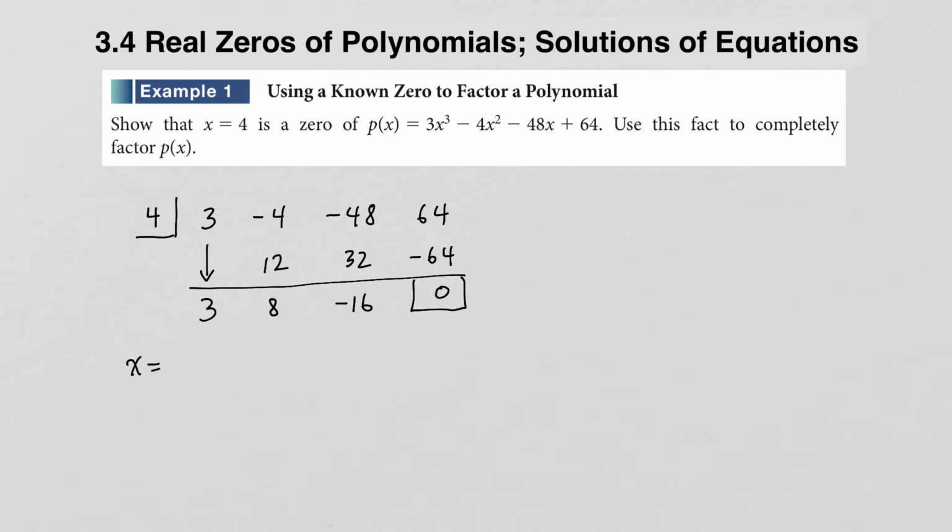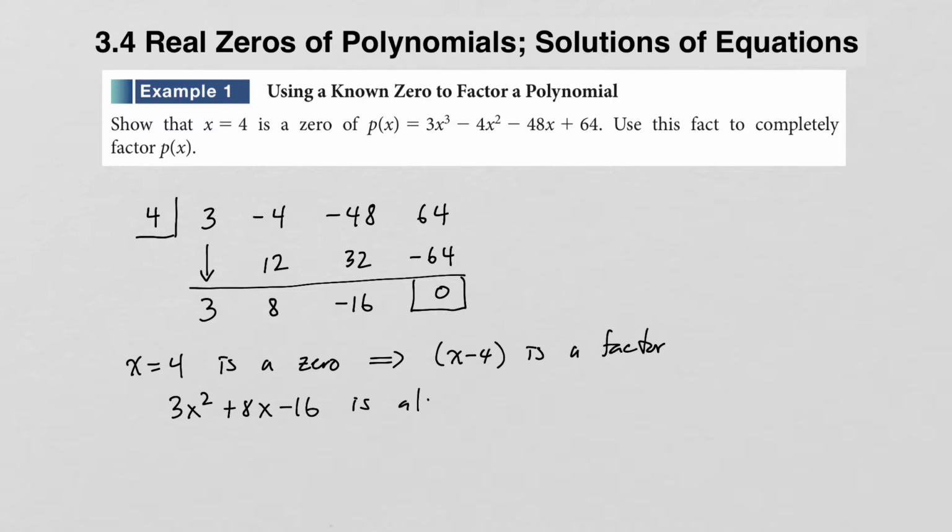If x equals 4 is a zero of the polynomial, then this means that x minus 4 is a factor. Also, we know that this polynomial, represented by those coefficients, which is 3x squared plus 8x minus 16, is also a factor.